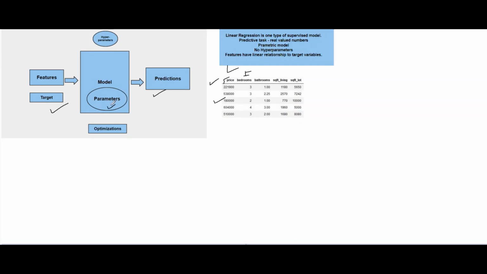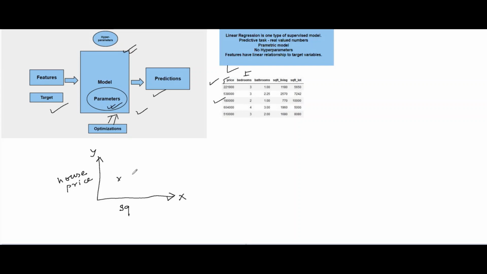At the time of this, the model is creating the parameters. For linear regression, there is no hyperparameter, but our task is to use optimization and make these parameters the best so that we can create a best fit line. If we have a linear relationship, for example, let's consider this kind of example where we have house price as a target variable, and probably square foot of the house is our feature.